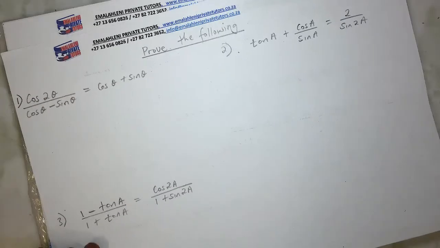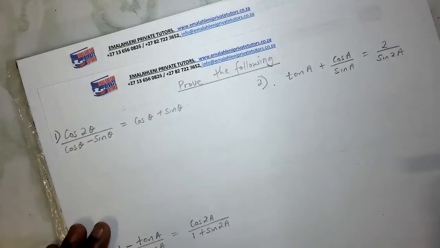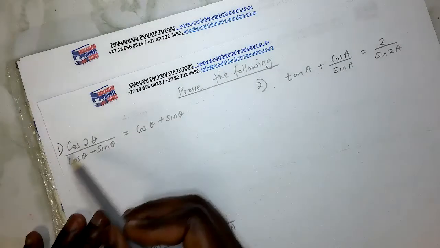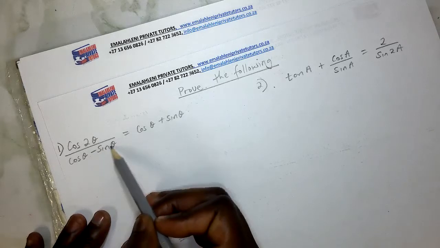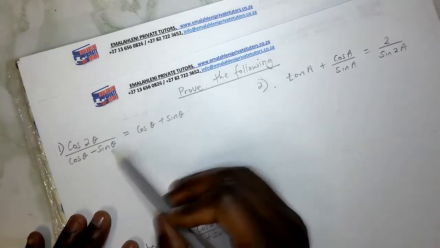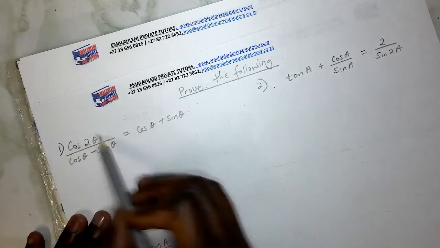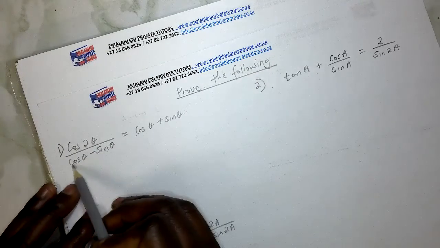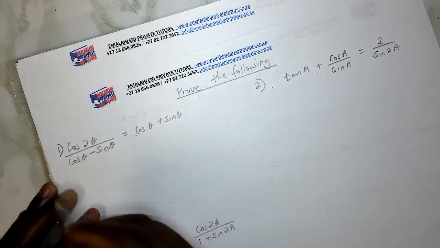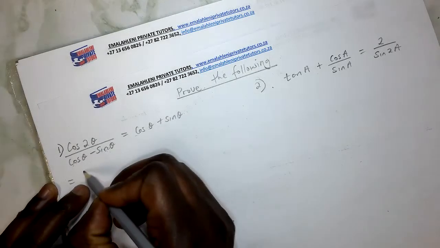Let's check here. Another question that we need to tackle. Now we are given cos 2 theta over cos theta minus sine theta, which equals cos theta plus sine theta. When you are given this, you must think along the lines of choosing wisely.